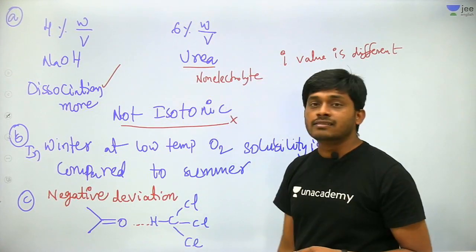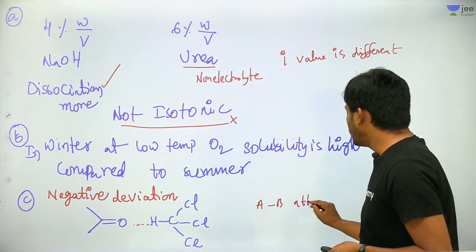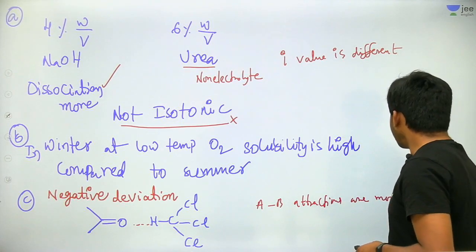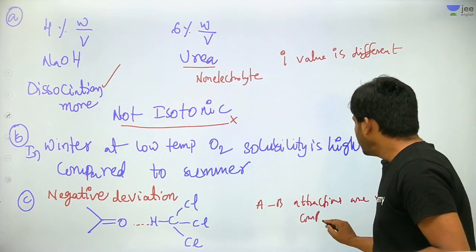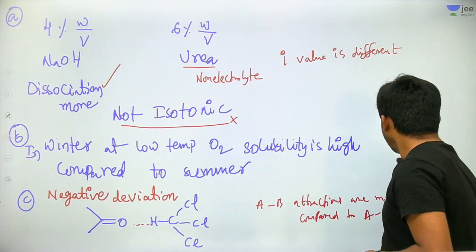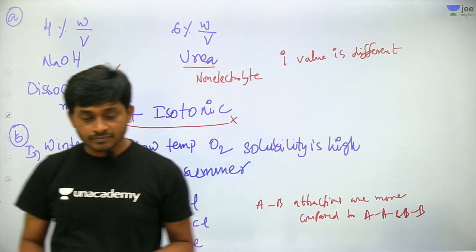If AB interactions or attractions are more compared to AA and BB, this is a case of negative deviation.